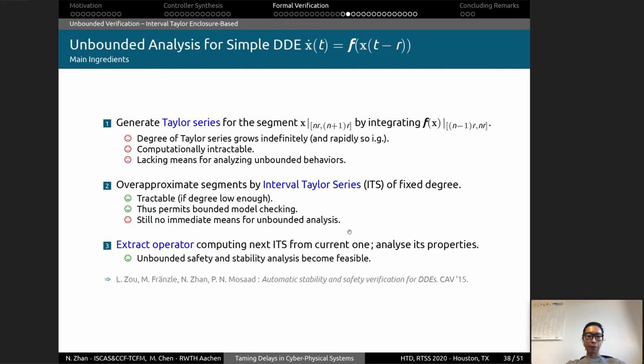To tackle that, you will see how we can extract and compute the next interval Taylor series from the current one. So this actually gives us the possibility to reduce a delay differential equation to some discrete time dynamical systems.